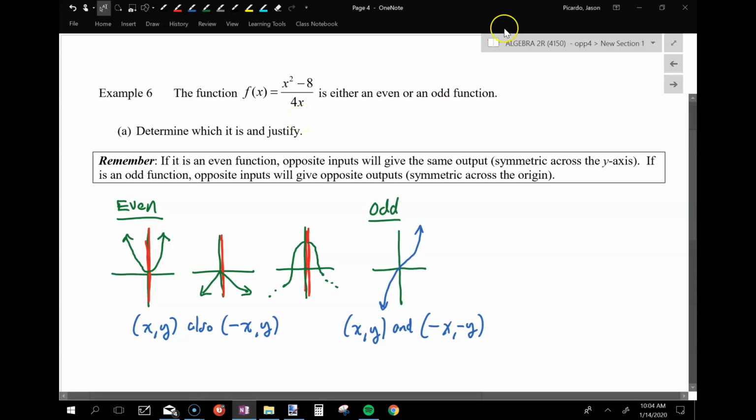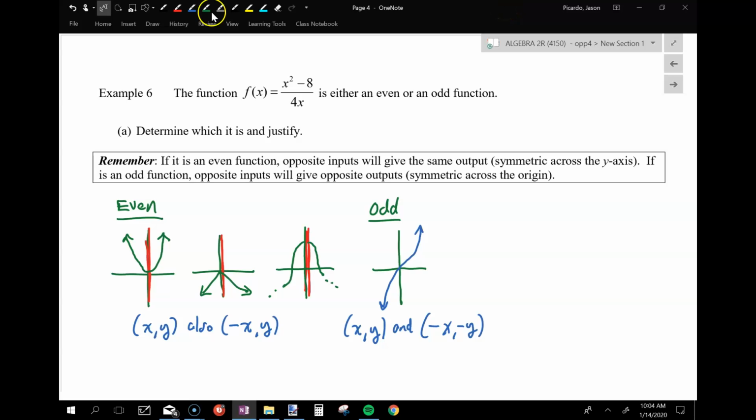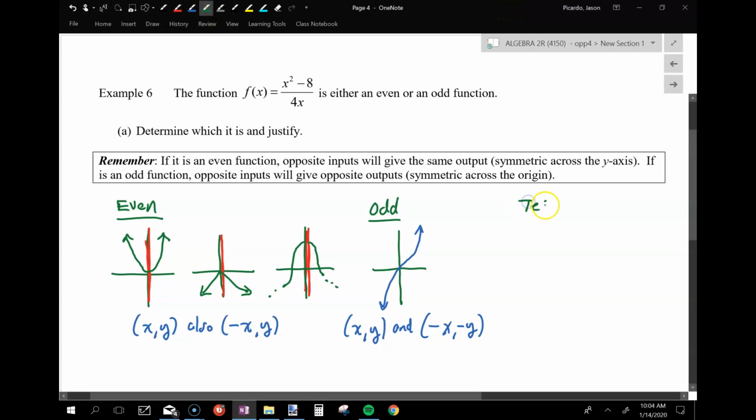Okay? So that's exactly what I'm going to do. I am going to check to see what happens when I do f of negative x. What does that mean? It means anywhere there's an x, change it to a negative x. Test f of negative x.